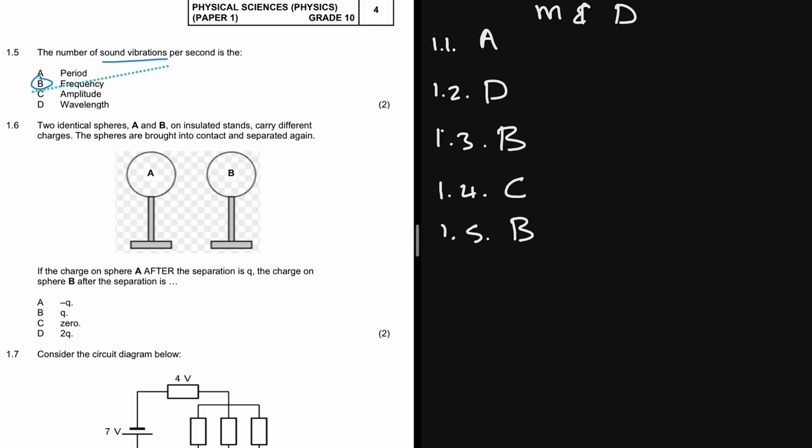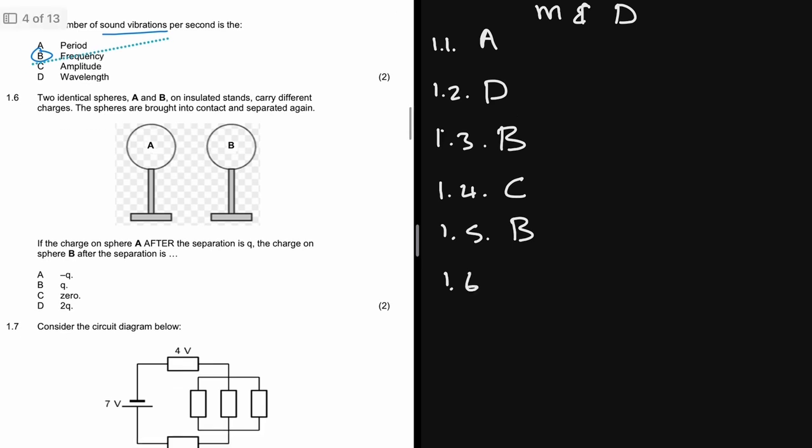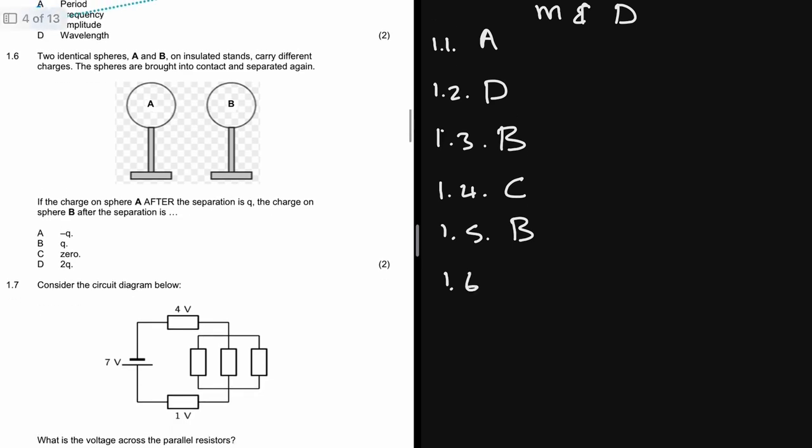So number 1.6, it says that two identical spheres A and B on insulated stands carry charges. The spheres are brought into contact and then separated again. So now, if the charge on sphere A after separation is Q, okay, so remember now the charges were brought together and then separated.